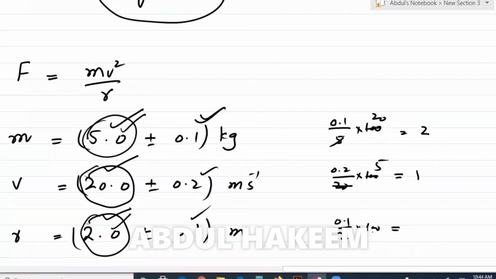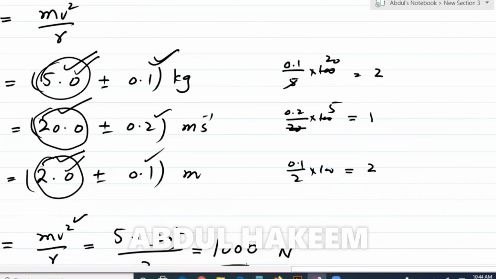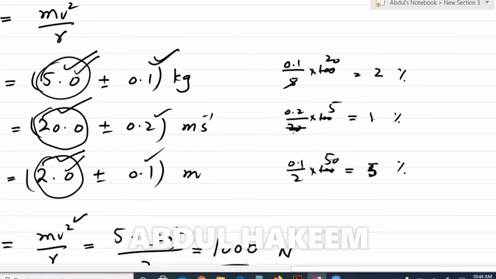And this is again 2. So this is 2%, this is 1%, and this is again 2%. 0.1 divided by 2. Sorry, this is 5, this is 20, and this is 2. So this is 50, so 50 times this is 5. And this is 25, so this is 1.